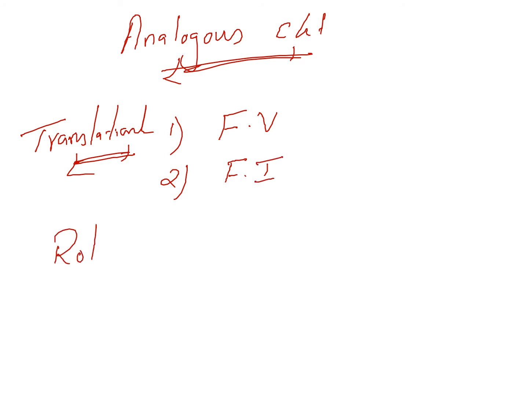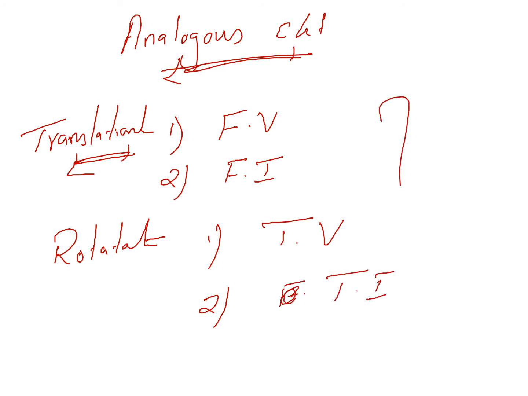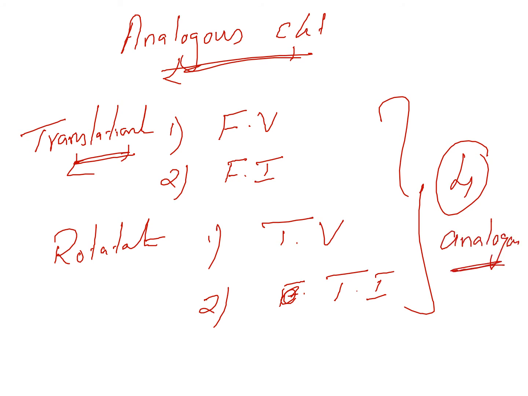And when we are giving a rotational force, we will have torque voltage analogy, and the second one, torque current analogy. So totally 4 types of analogous electrical circuits are possible. We are going to study them one by one.